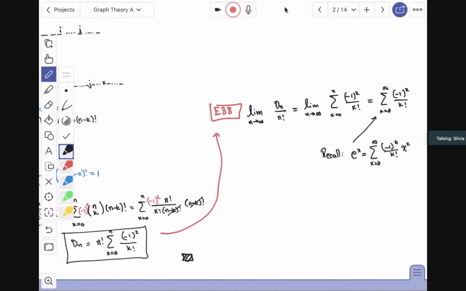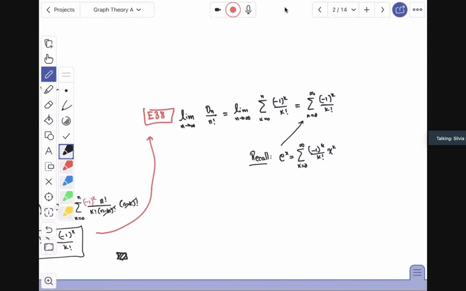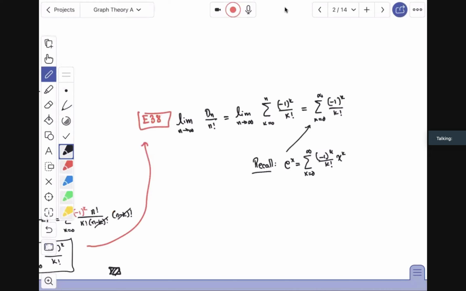So that's a function of x, the Taylor series of the exponential function. If you use x equals 1, then e equals e to the 1 is just that series that you wanted for our limit. So this is just e.